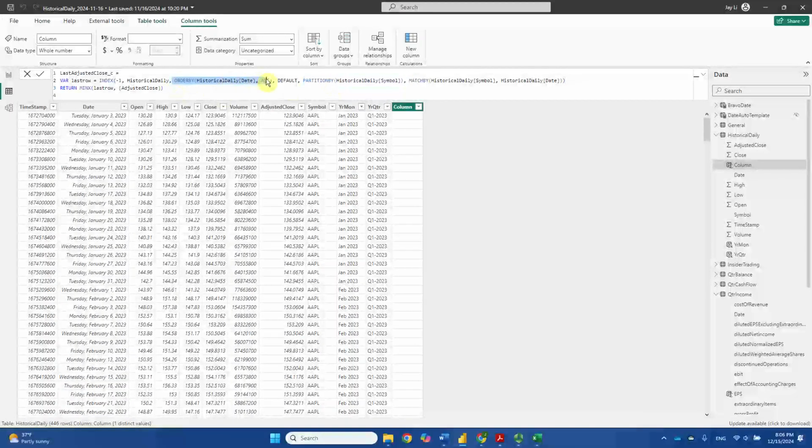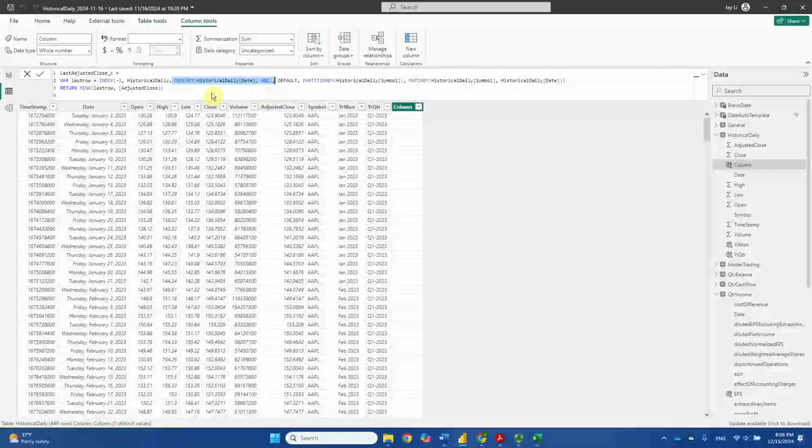Order by basically tells Power BI that for each partition, basically for each stock symbol, the dates are going to be sorted in ascending order. So here I specified ASC, that's ascending order. You can also sort the dates in descending order.